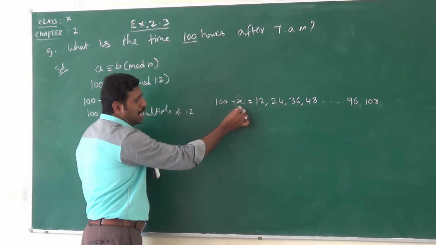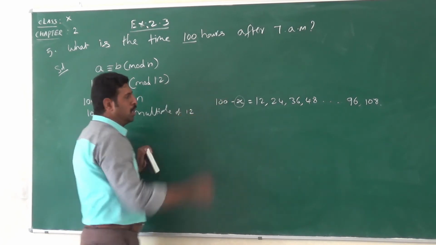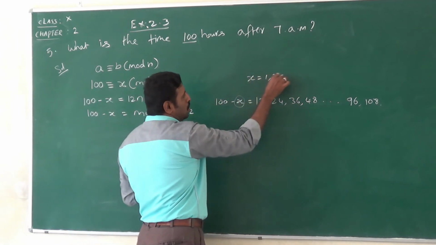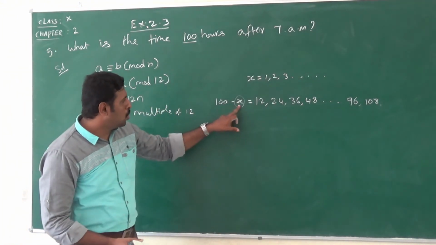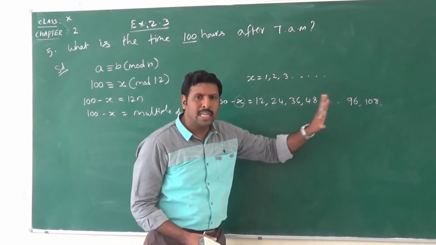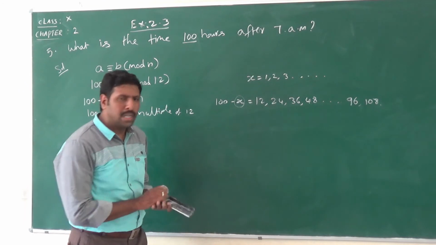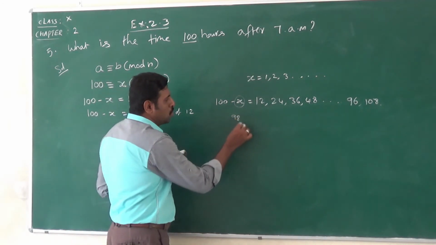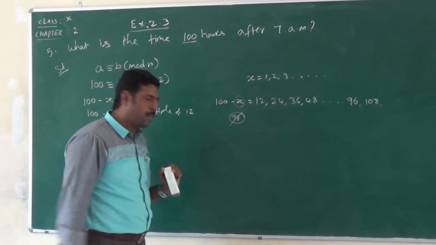Whichever number of x we apply, that particular number should be a multiple of 12. If I take x equal to 1, 2, 3, 4 like this, if I put x equal to 1, 100 minus 1 is 99, which is not a multiple of 12. Then put x equal to 2, we get 98, right? So 98 is also not a multiple of 12.